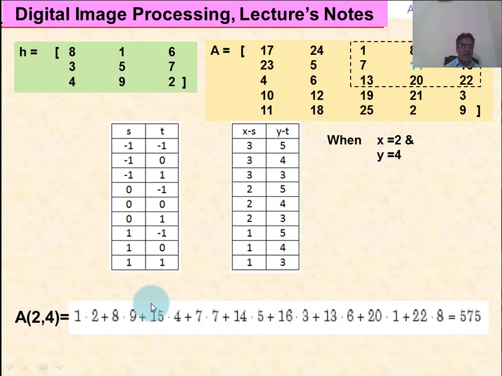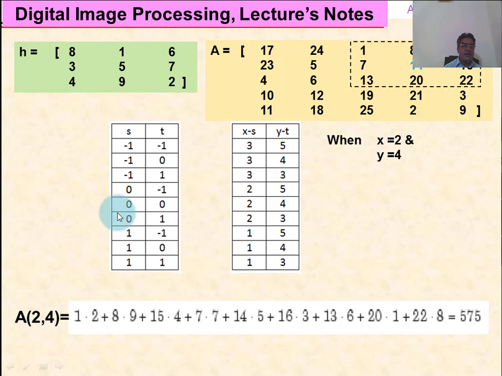Then whether we get this convolution value or not at a of 2,4 location, because previously we rotated the kernel and we got this value, but here we are not rotating, but we are inverting. We are subtracting the subscripted value of the kernel from the corresponding index value of the input image.